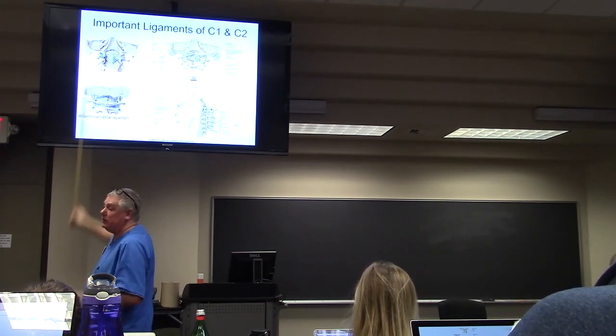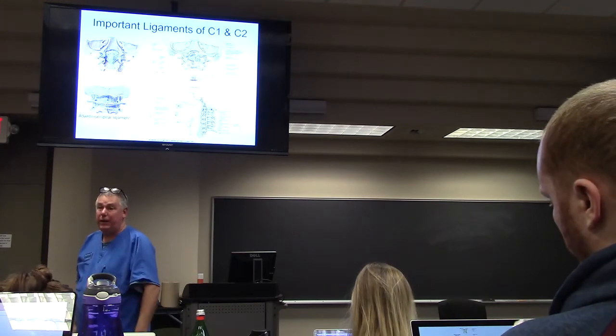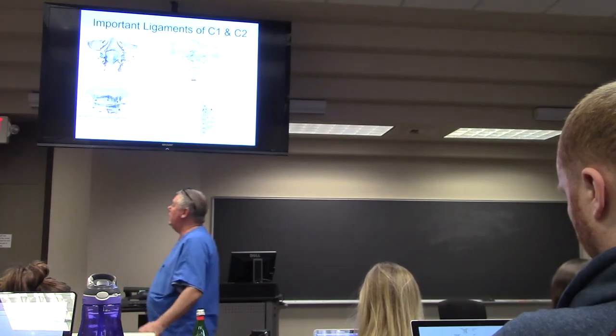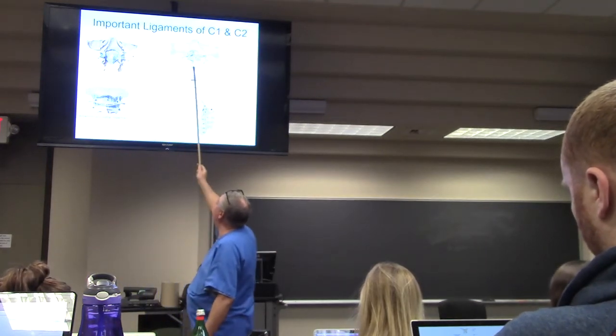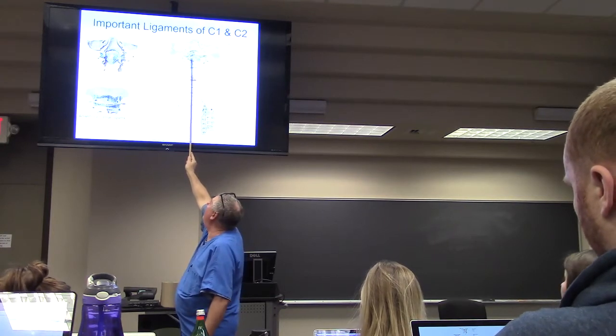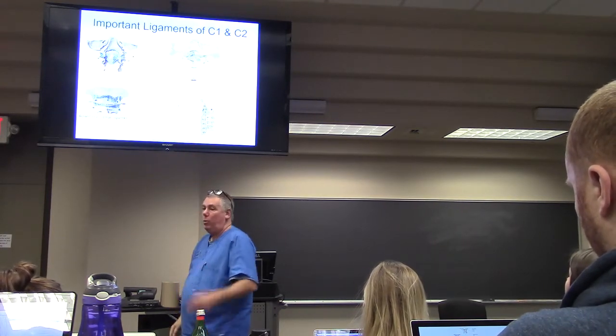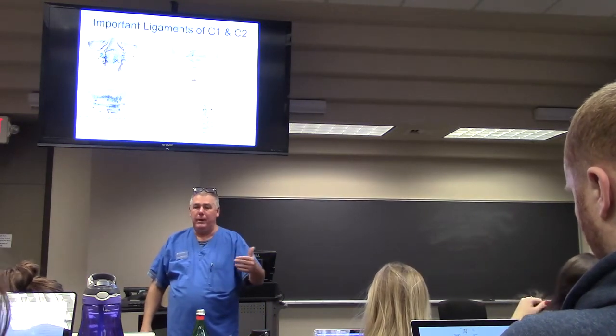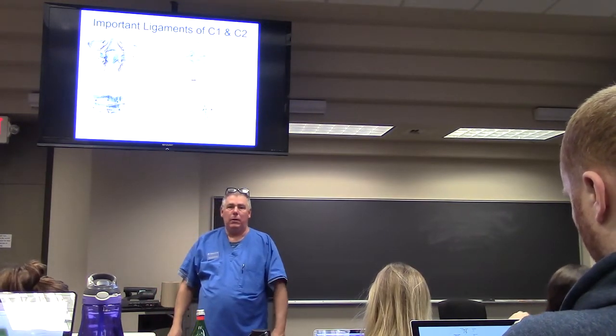Underneath that is a structure called the cruciate ligament. That cruciate ligament has three different components. It has an inferior and a superior band, and it has a transverse band, which is the transverse ligament of the dens. Okay?